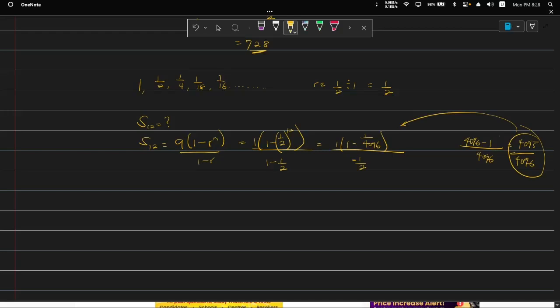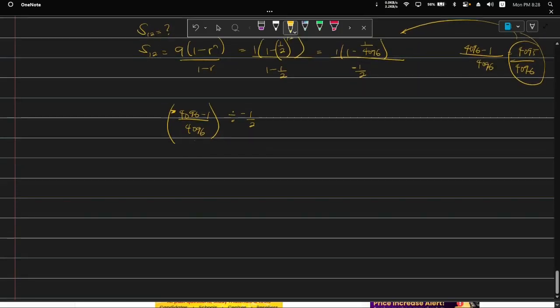Are we together? If I have 4096 minus 1 over 4096, divided by 1 over 2, we get 2. Are we together? So we have 4095 over 4096 times 2 over 1.